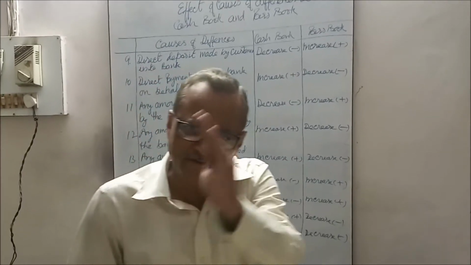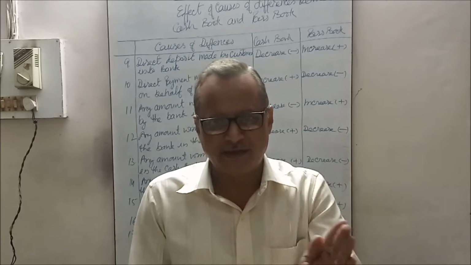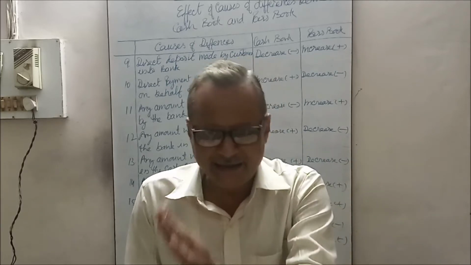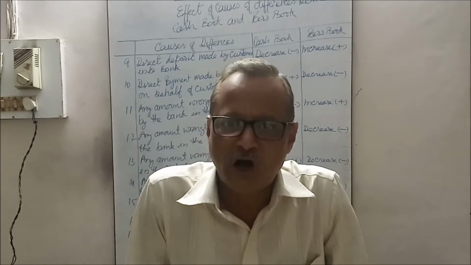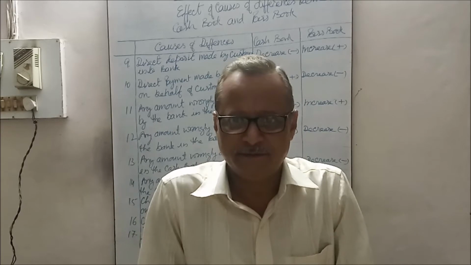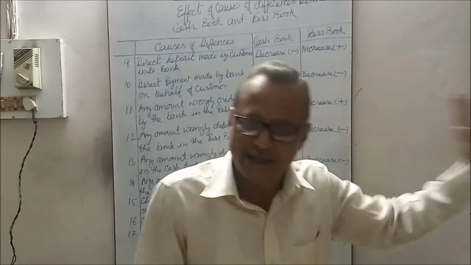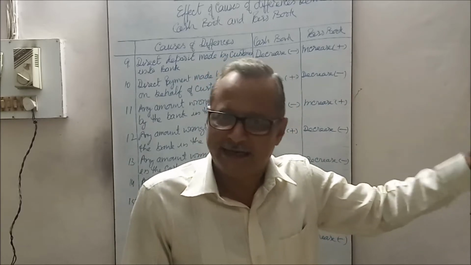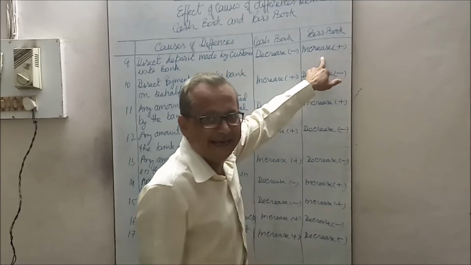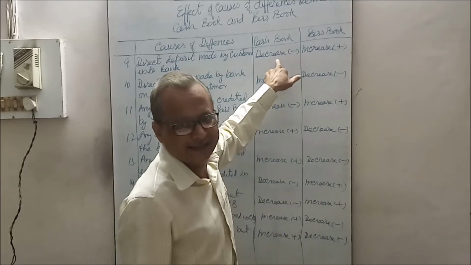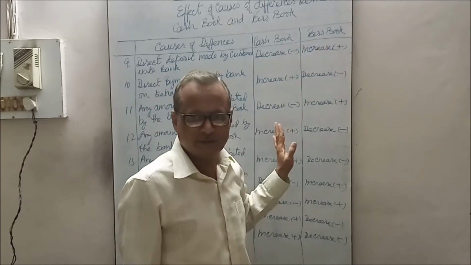If any customer of the business directly deposits into the bank account of the business without informing the business, then that is deposited in the bank, so in the passbook that is credited. The passbook will increase by that amount in comparison to the cash book, and the cash book shows the decreased balance in comparison to the passbook. This is the difference.